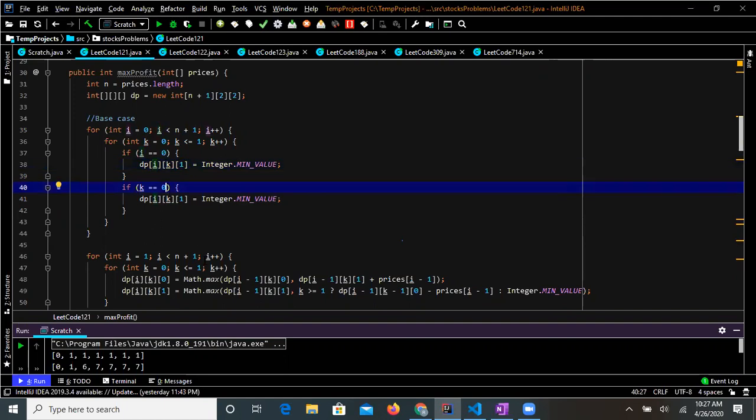Also, if I don't do any transaction, no matter what day it is, i, k equal to 1 means I need to hold one stock in hand, but I never did any transaction. With 0 transactions, you cannot have one stock in hand, right? Yeah. So that was the base case.